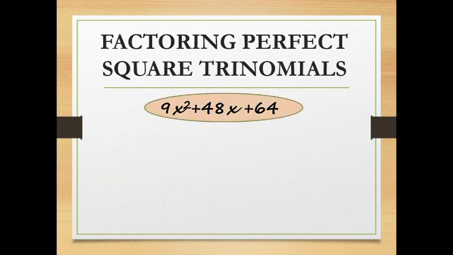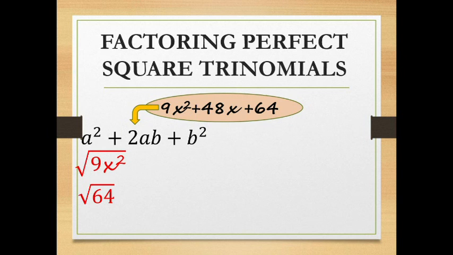Sige, isa pang example. Let's factor 9x squared plus 48x plus 64. Una, aalamin muna natin kung isa itong perfect square trinomial. It is in the form of a squared plus 2ab plus b squared. Let's get the square root of the first and the third term, 9x squared and 64. Okay, the square root of 9x squared is equal to 3x and the square root of 64 is 8.